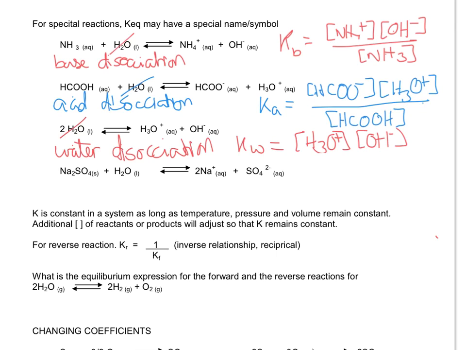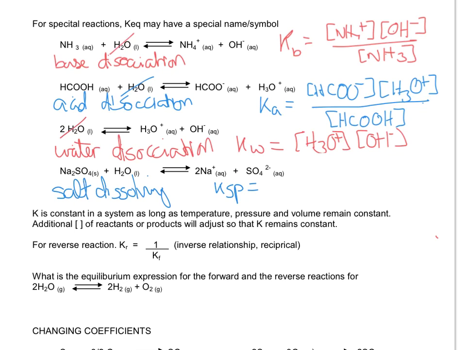when you have an ionic substance, which we call salt. So this the Na2SO4 is ionic, so we call that a salt. This is a salt dissociating in water or dissolving in water. You can call it dissociation or dissolving. So whenever you have an ionic substance dissolving, that gets a special name. We call that KSP.